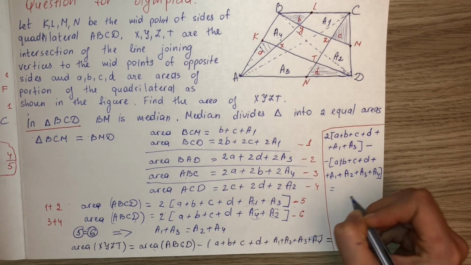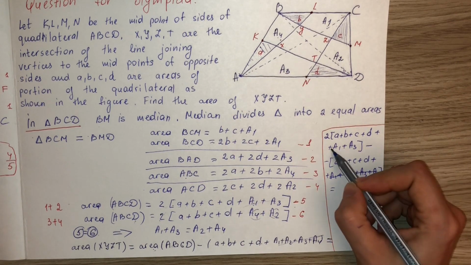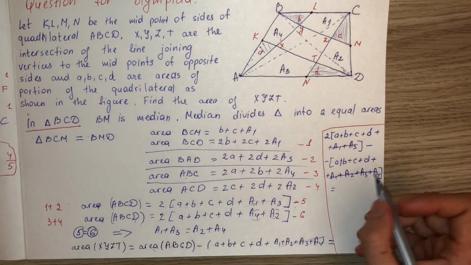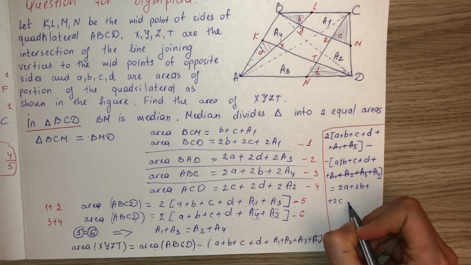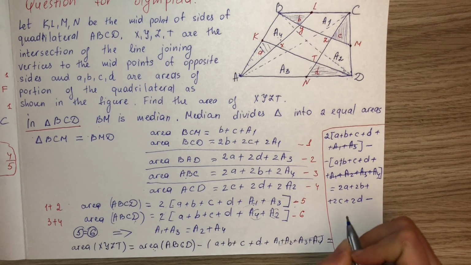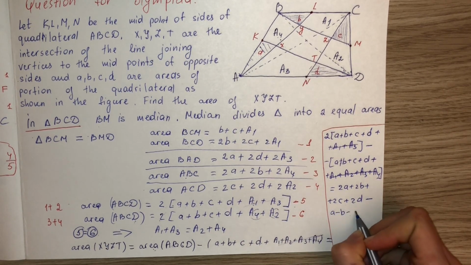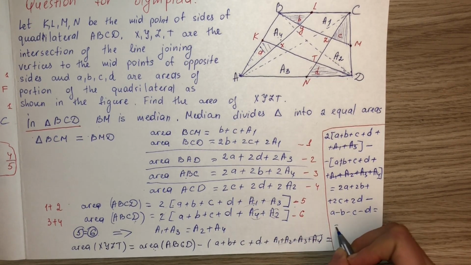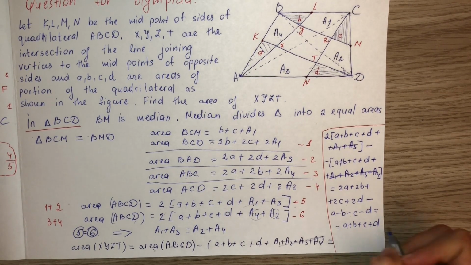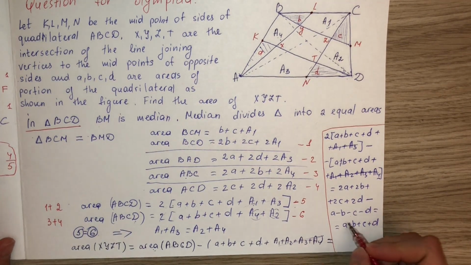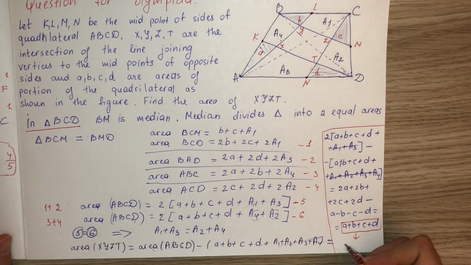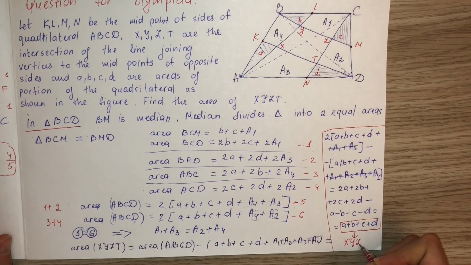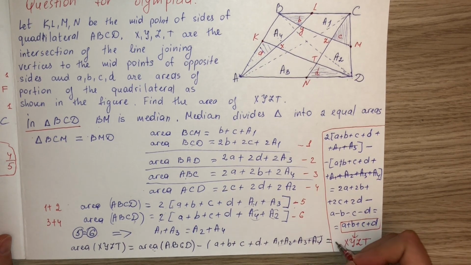We will get that this and this are cancelled out. We will get 2A plus 2B plus 2C plus 2D minus A minus B minus C minus D, and the area is equal to A plus B plus C plus D. This result is the area of X, Y, Z, and T.